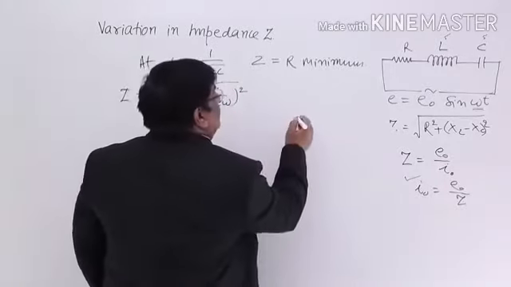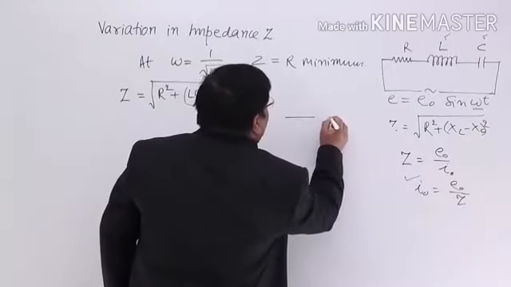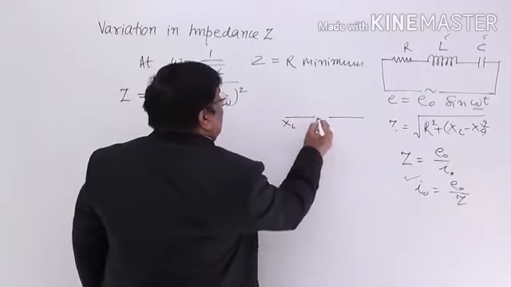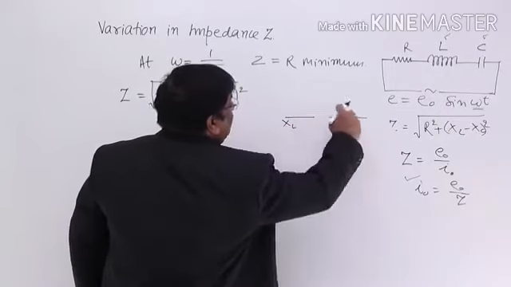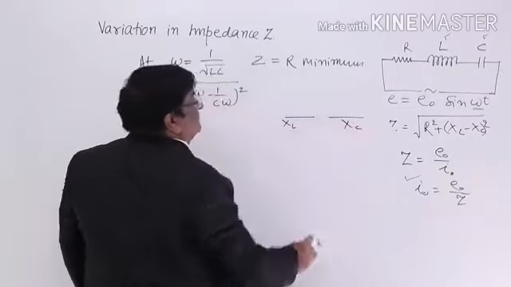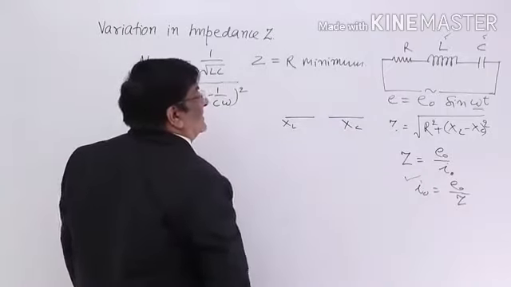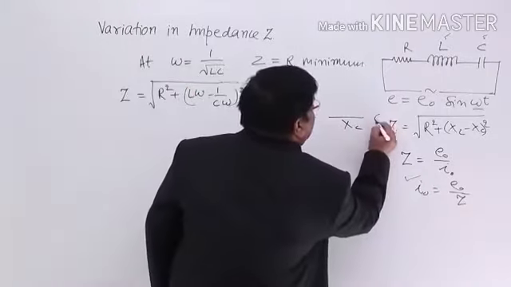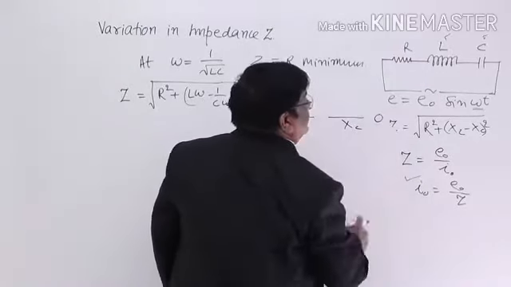When omega is equal to 1 upon root LC, then XL is equal to XC. XL and XC both are at the same level. So what is XL minus XC? Answer: XL minus XC is equal to 0.